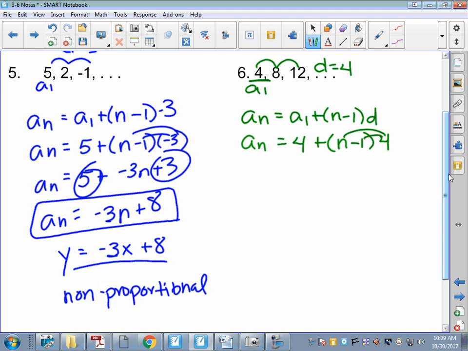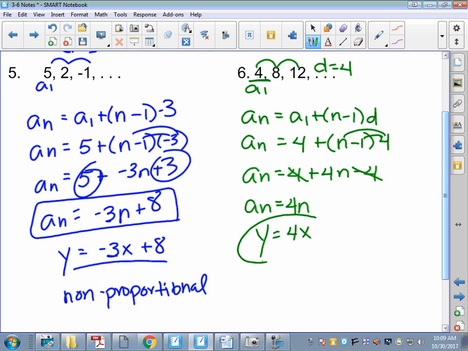Distribute the 4 through. a sub n is equal to 4 plus 4n minus 4. And what you notice is when you start at 4 and you count by 4s, a sub n is equal to 4n. The 4s canceled each other out. And that is the same thing as y equals 4x. This right here is a proportional relationship.